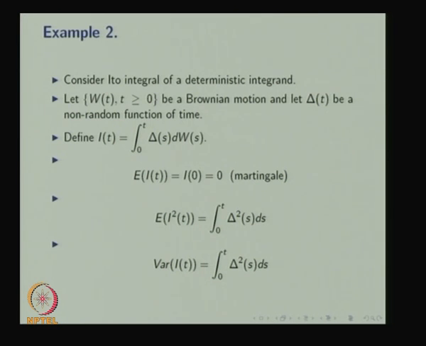So one can use the definition and find this expectation, or use the isometry property and the fact that the expectation of a constant is the constant, therefore it is the integral from 0 to t of delta square s ds. So in this example we are finding the expectation and the variance of I of t.